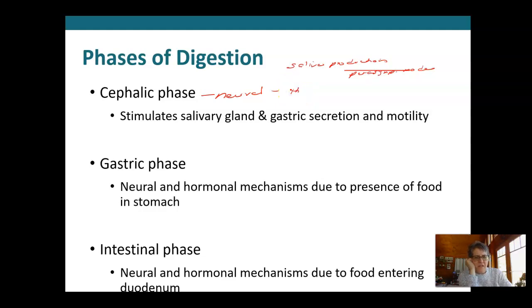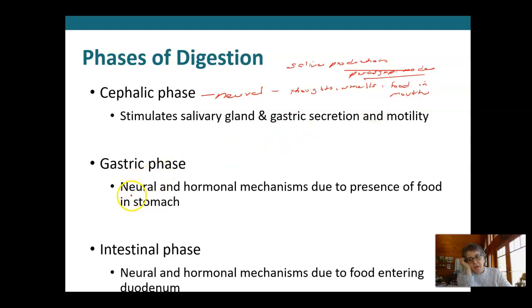It's the thoughts of food, the smells, and of course, food in the mouth that kickstart this phase to make saliva. And that parasympathetic signal via the vagus nerve is going to say, hey, stomach, food's coming your way.